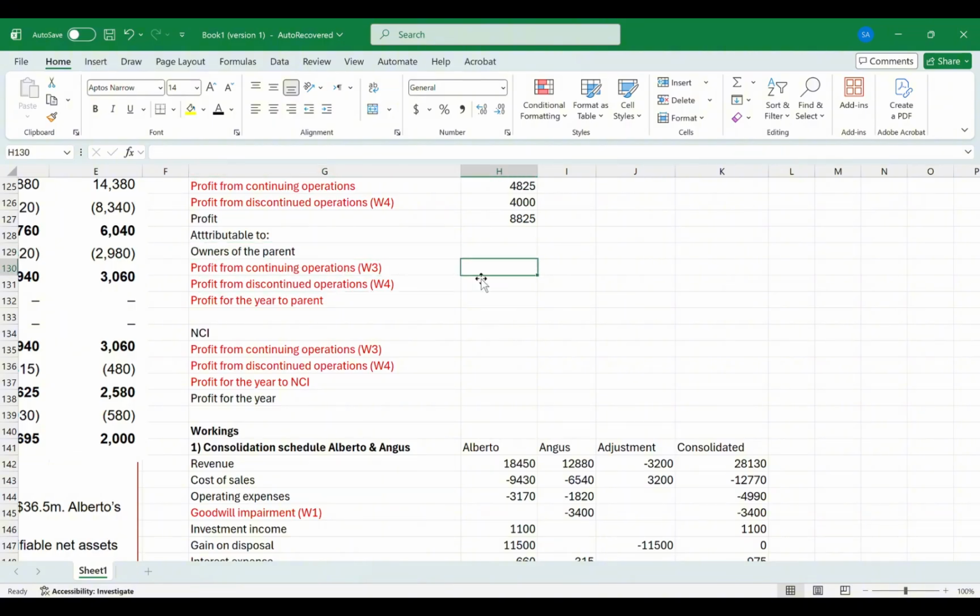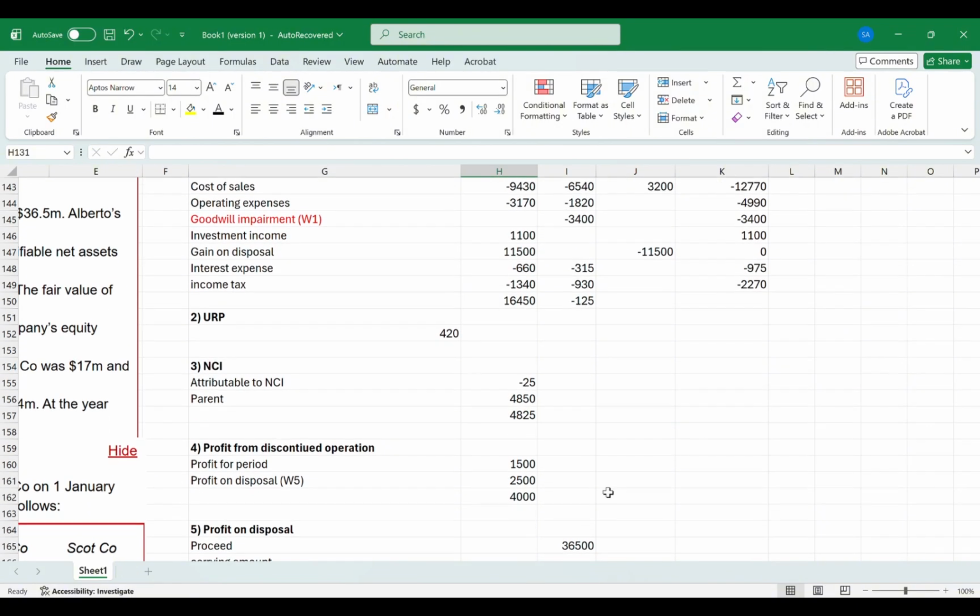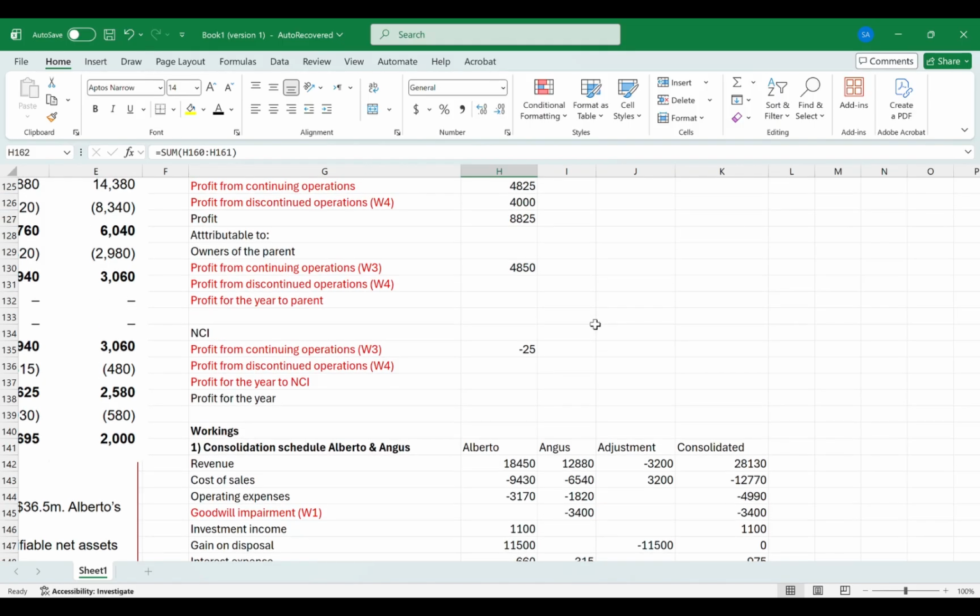So profit from continuing operation to the parent is 4850. Remember, there's a loss, and from continuing this is minus 25 in working number 3. Then from discontinuing we have to go to working number 4, which is this 4,000.